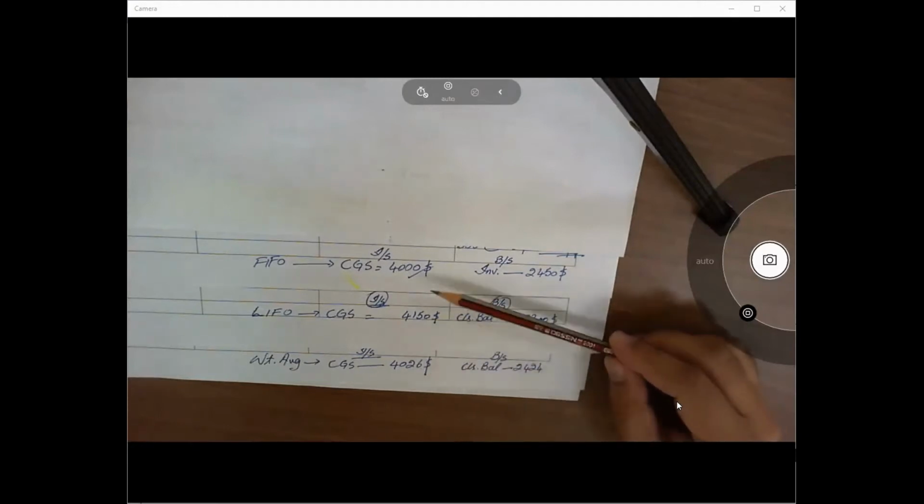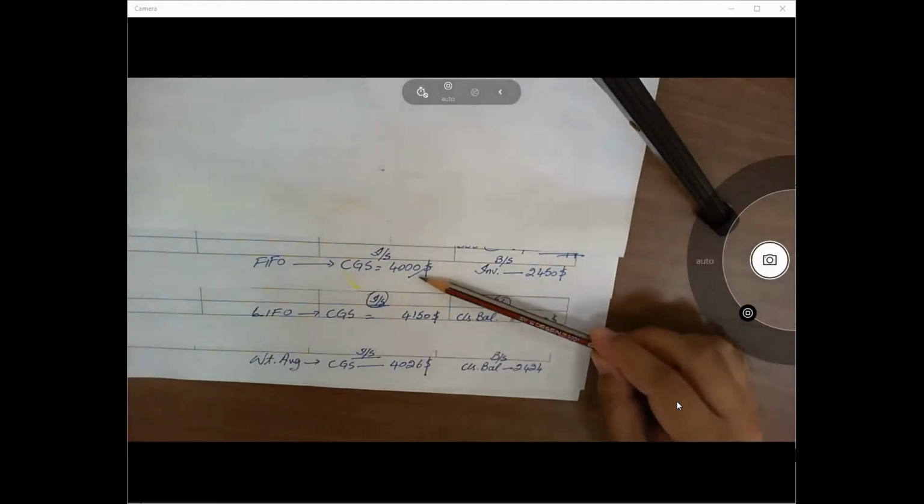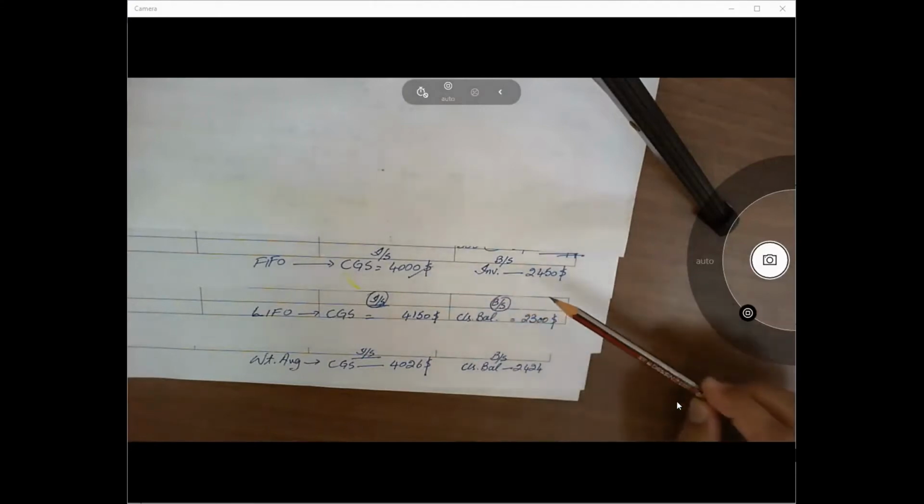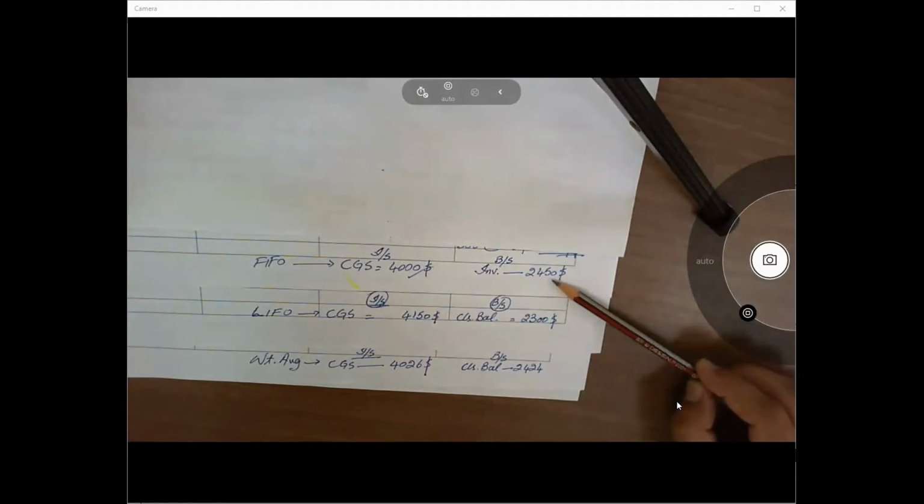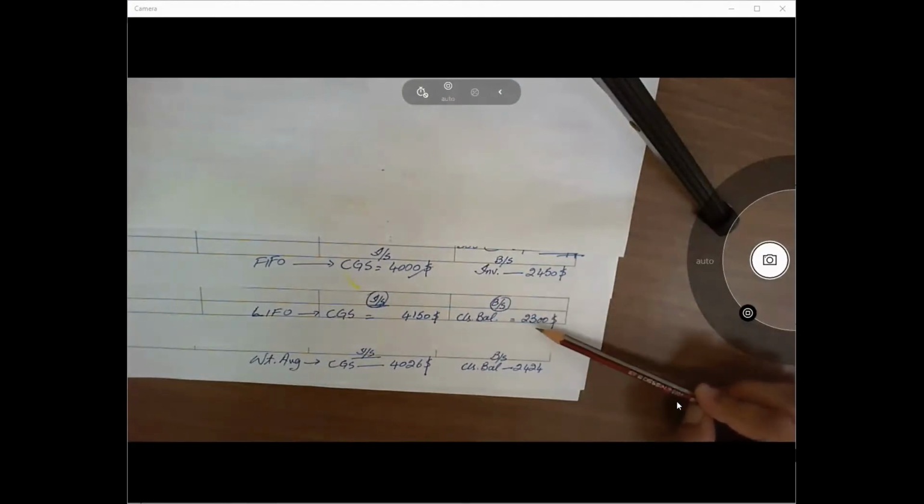So over here, we are overstating. We are writing less expenses, which means we are overstating our net income. On the other side, we are also overstating the balance of the assets in the balance sheet. Same thing, closing balance in the LIFO, we are recording it less.